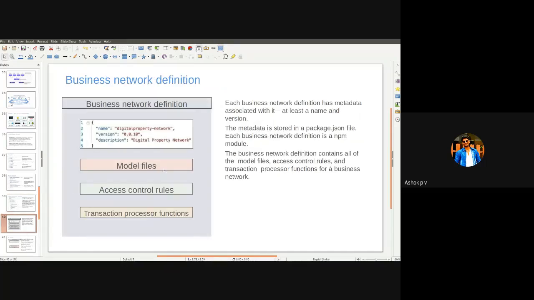So now once we create these three files, the business network definition gets created based on some commands. It will give you the version of that each and every time you create a new archive file. And there's something known as package.json as well. You'll be creating it each and every time you create a network definition.